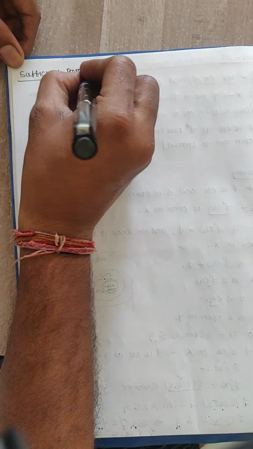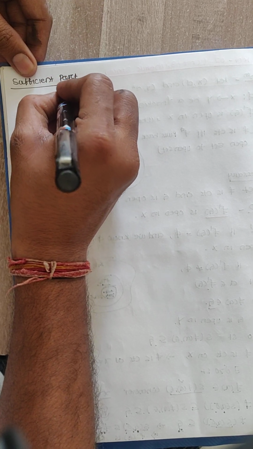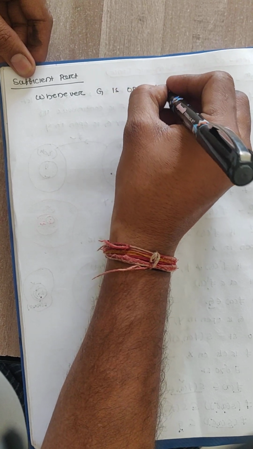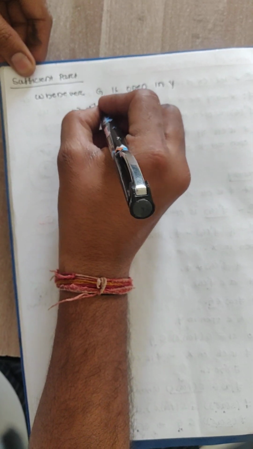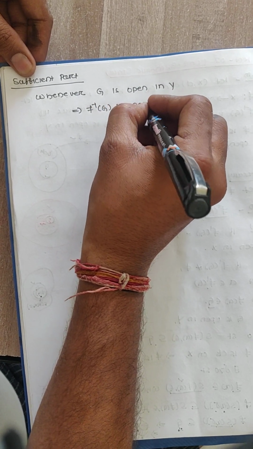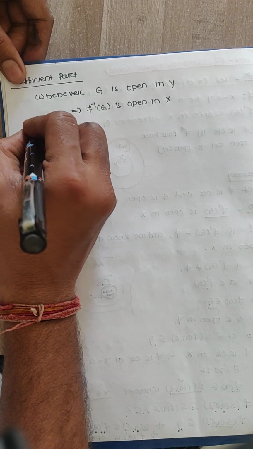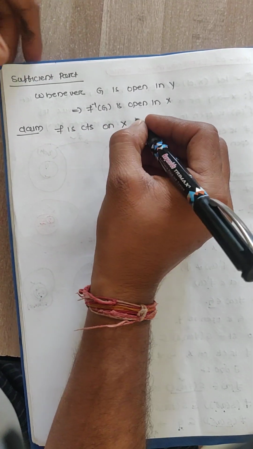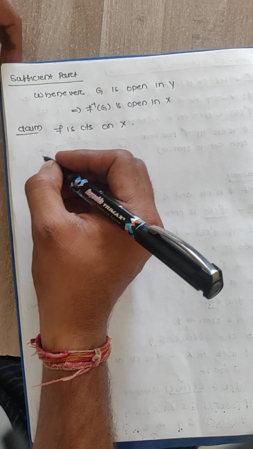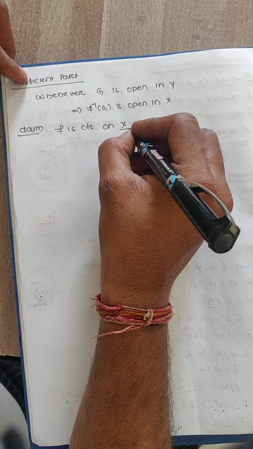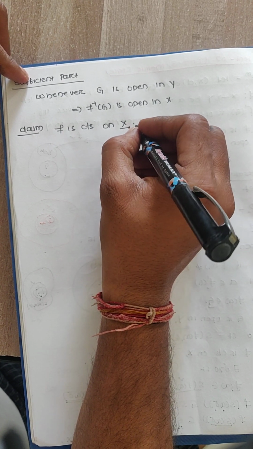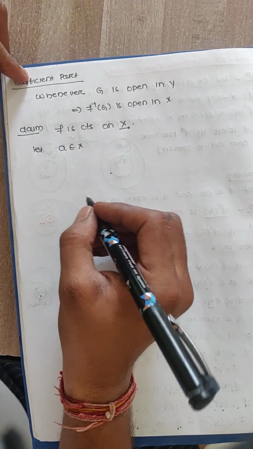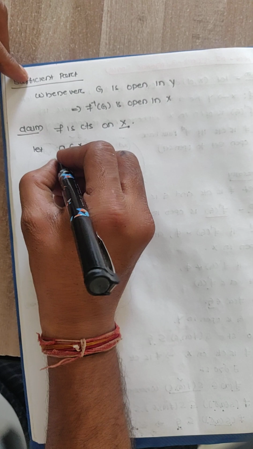Given: whenever G is open in Y, f inverse G is open in X. My claim is that f is continuous on X. Continuous on X means I will take an arbitrary point on X and show that the function is continuous at that point. Let A belong to X. My claim is to show that f is continuous at A.